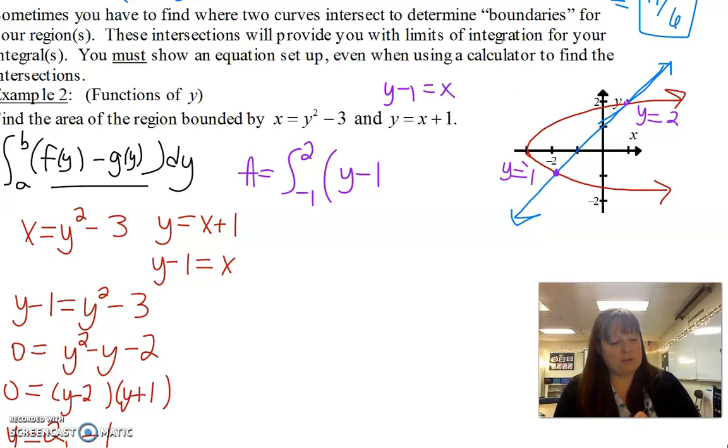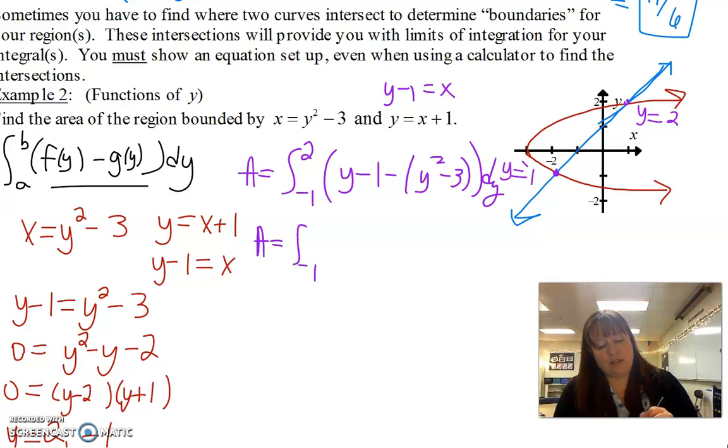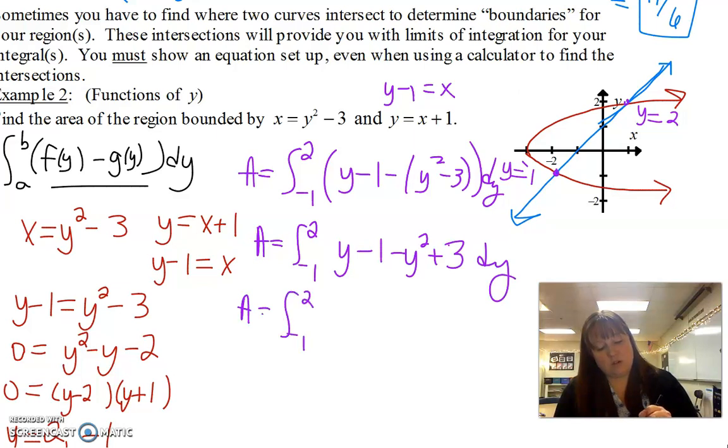Y minus 1 minus our left curve, which is y squared minus 3, dy. Let's do a little bit of algebra to get that looking prettier. We have y minus 1 minus y squared plus 3 dy. Then our area equals the integral from negative 1 to 2 of negative y squared plus y plus 2 dy.